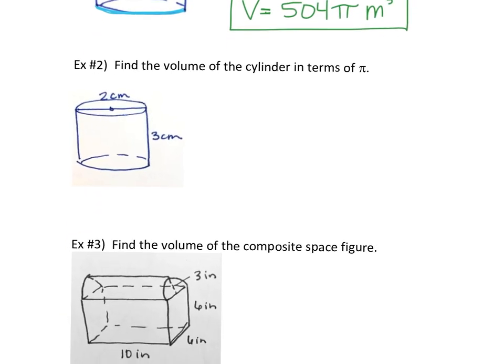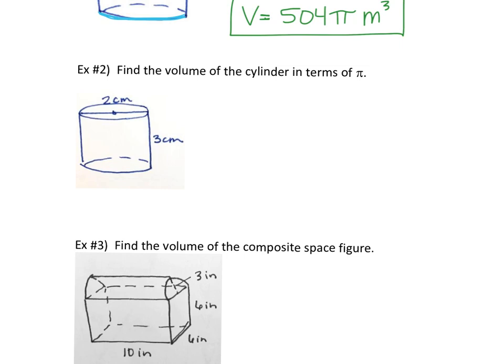Example 2, same idea, but notice the difference on this one. This time they gave you a diameter. We need a radius. So what is your radius for this problem? If the diameter is 2, the radius is 1. So we're going to say the volume of the cylinder equals the area of the base times the height.